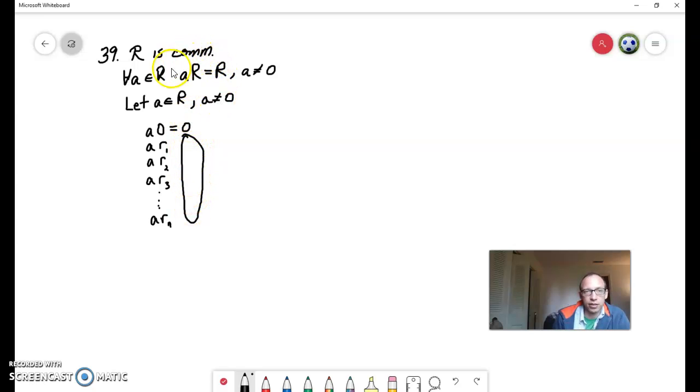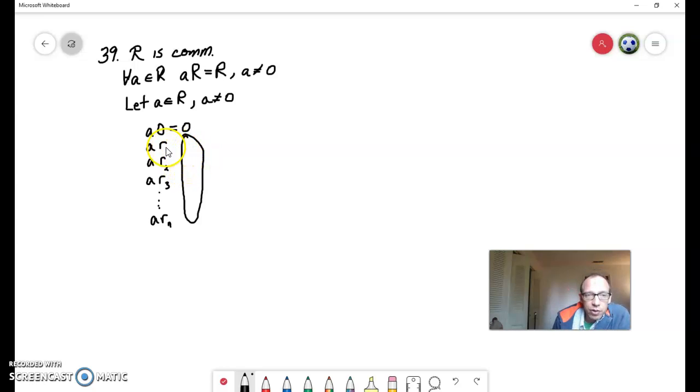That's what this part is telling us, that AR equals R. It tells us that we're going to reproduce R here, with no duplicates. If we had any duplicates, by pigeonhole, we'd be too small here.